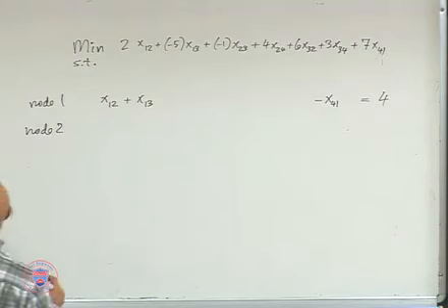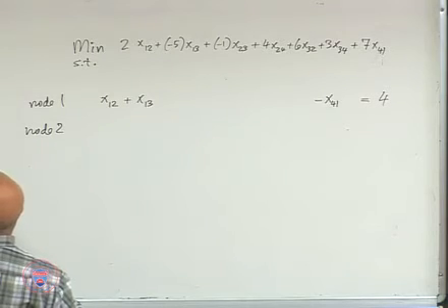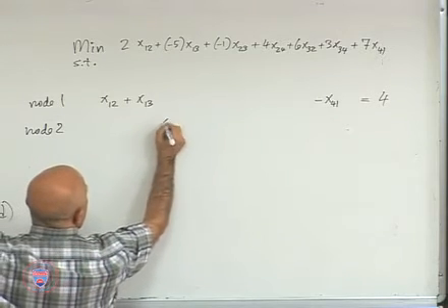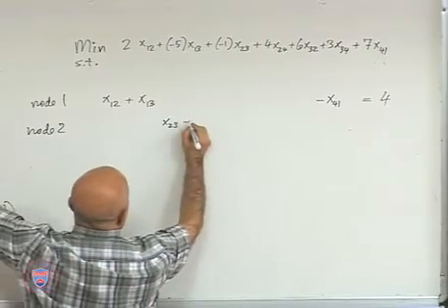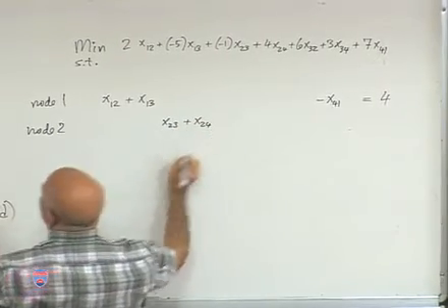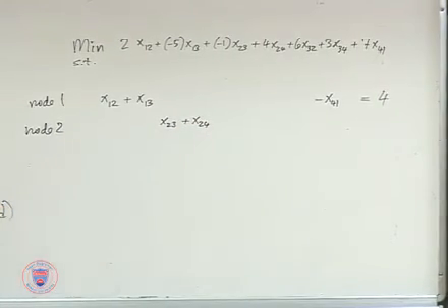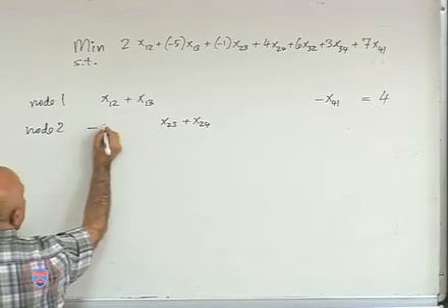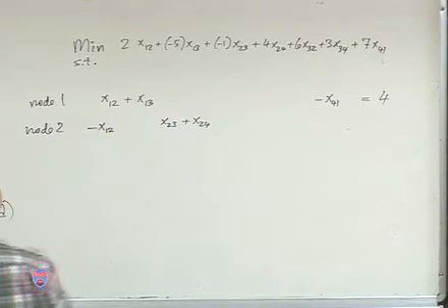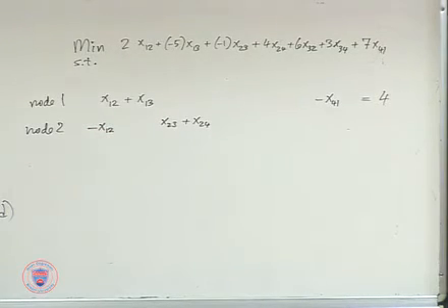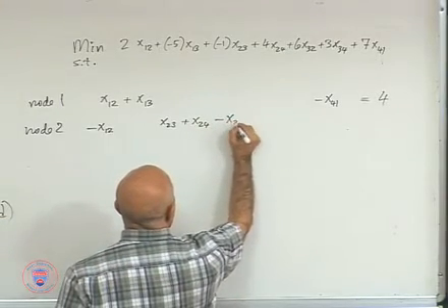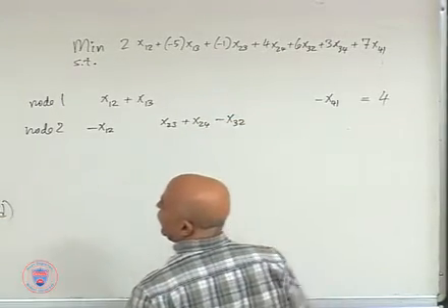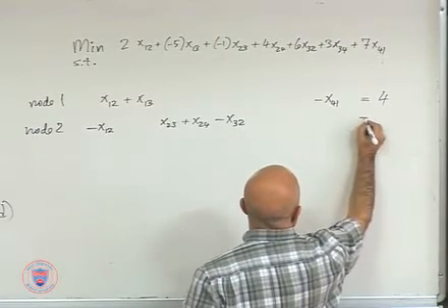We have outflow of x23, we also have x24, we have inflow of x12, and then we have inflow of x32. And then the total is equal to 2.